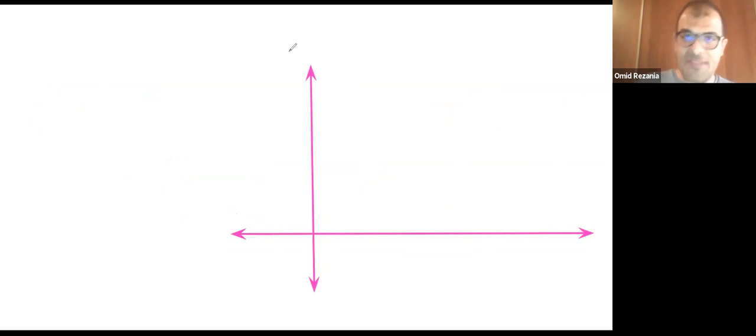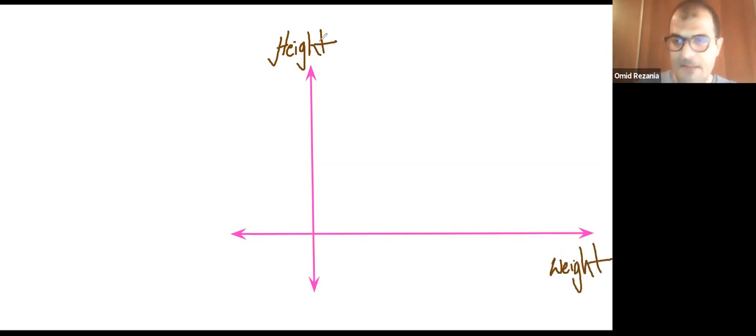I say that the y-axis is going to represent the women's height, and the x-axis is going to represent the women's weight. Then I said, okay, in case I have one woman here, and this cross represents a point in the plane, which is essentially something very easy as this one.